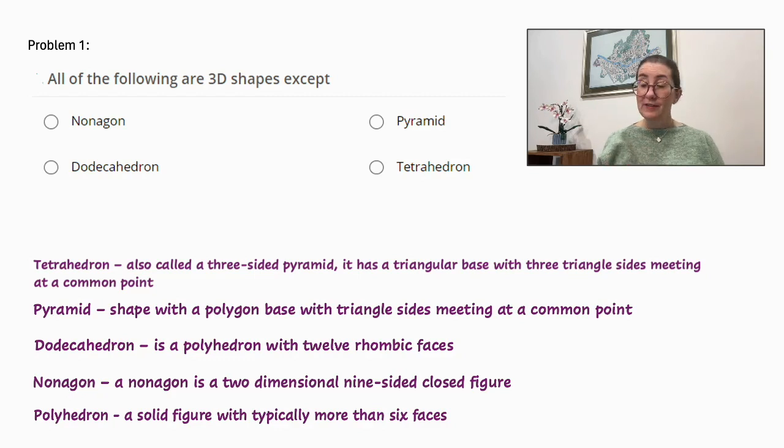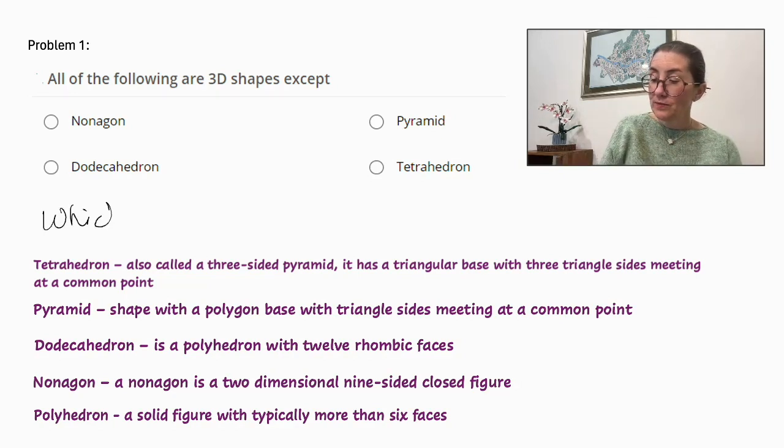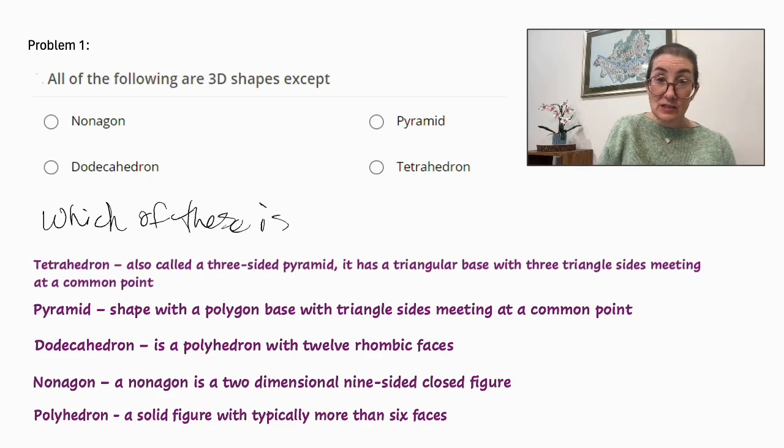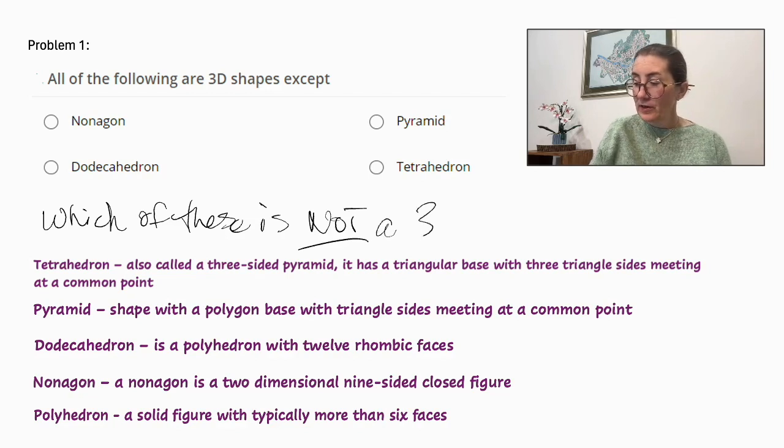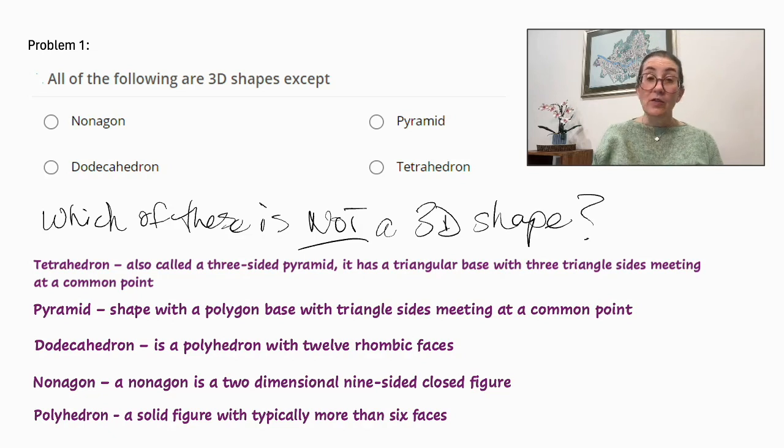Another way of putting that is, which of the following is not a 3D shape? So which of these is not a three-dimensional shape? So that's what we're looking for.